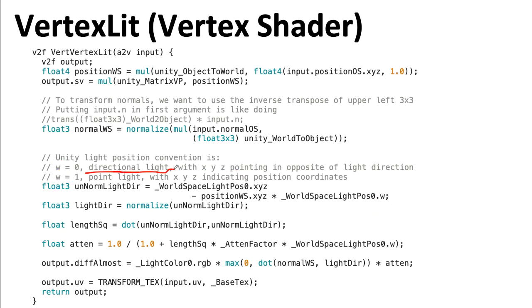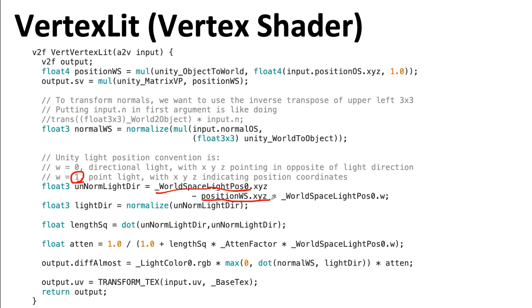So if you have a directional light, then the second term goes away, and we just have the direction of the light stored in XYZ. But if you're using a point light, this isn't direction information, it's position information. And then we can get the vector pointing from the vertex towards the light by subtracting the vertex position from the world space light position.